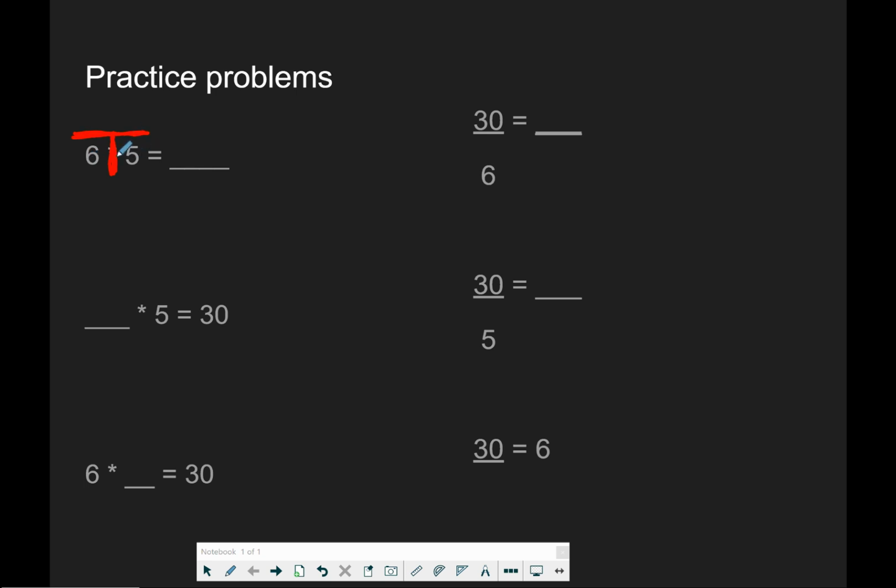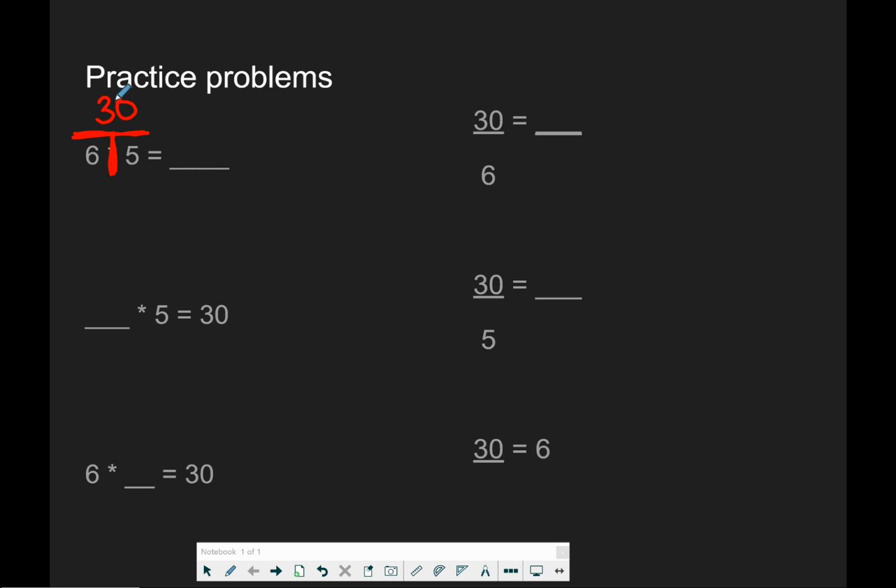So if they're sitting crisscross of each other on the bottom, you're going to multiply. So what is 6 times 5? 6 times 5 is 30. Does that make sense?